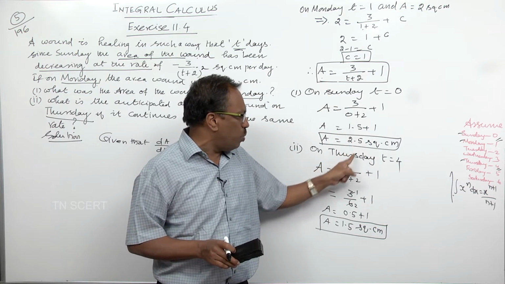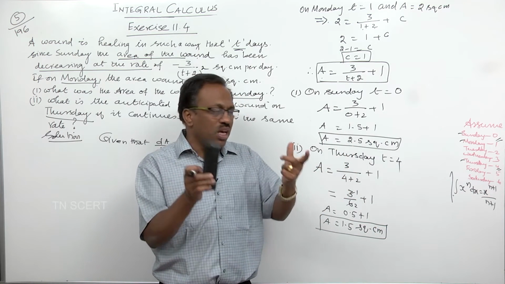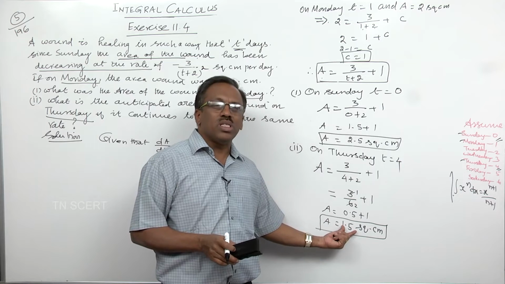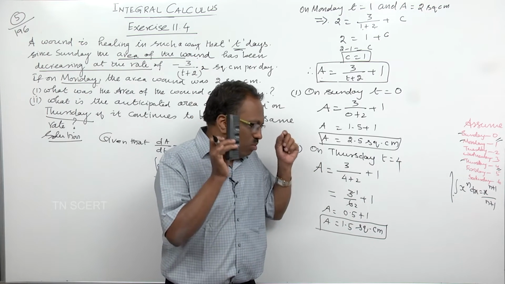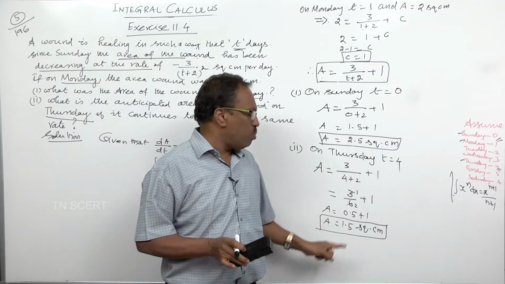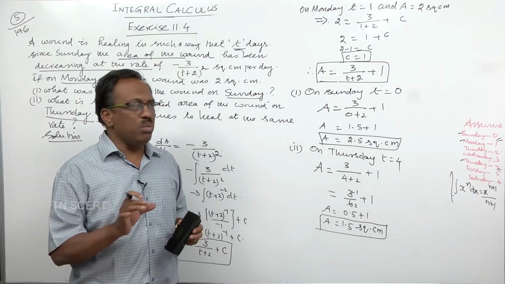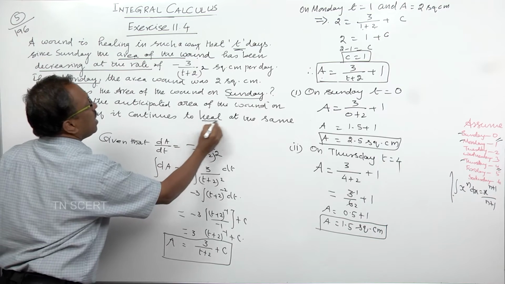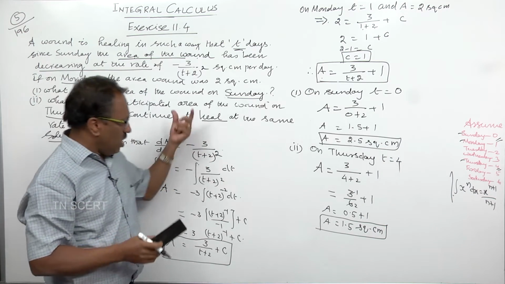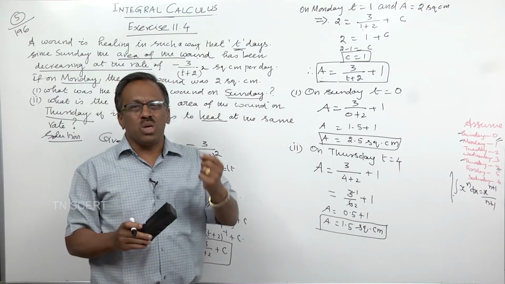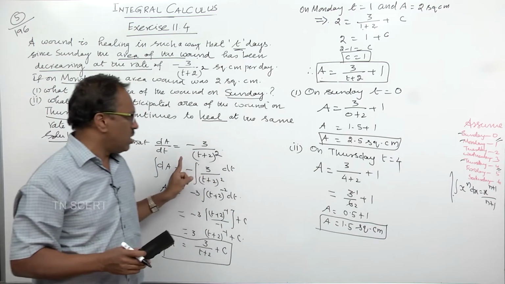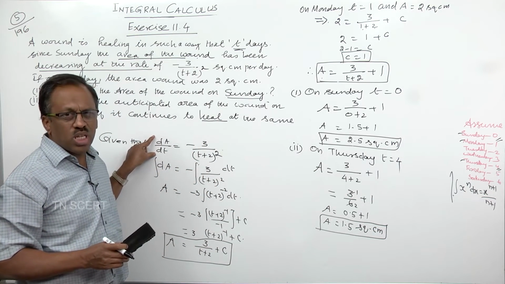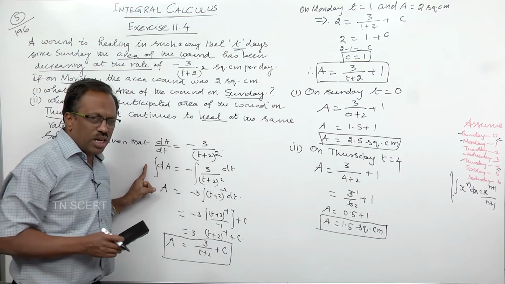On Sunday it is 2.5, Thursday after 3 days, and the person would be healed to 1.5 square centimeter. This much area only, that is if it continues to heal at the same rate. Remember that the first part is very important, and you have to take the integral.